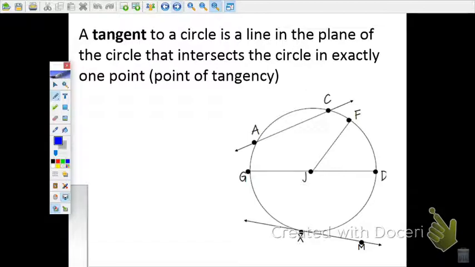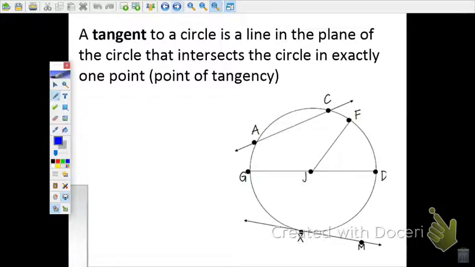So as you read that definition and then look at the diagram that you have in the center of your notes, where would we see a tangent in this diagram? Intersects a circle in exactly one point.